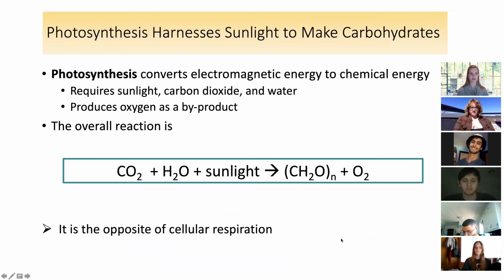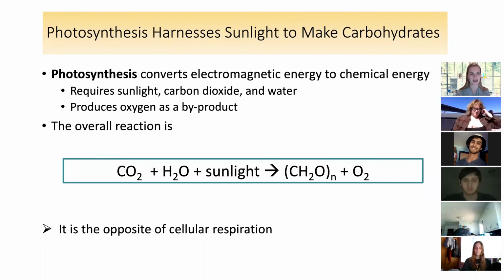All right, so photosynthesis is a big fancy word that basically explains the conversion of electromagnetic energy, if we were to get really specific, to chemical energy in the form of a carbohydrate. This reaction does require sunlight, carbon dioxide, and water, which I'm sure you all are fairly familiar with.